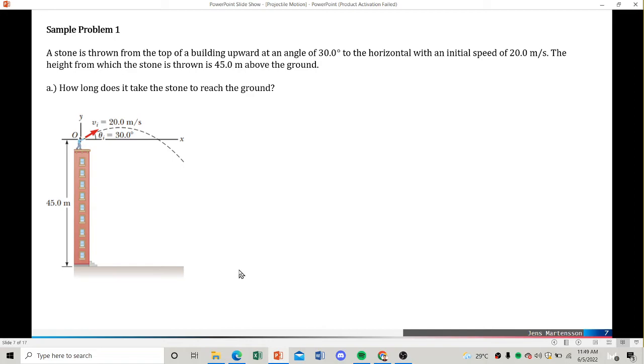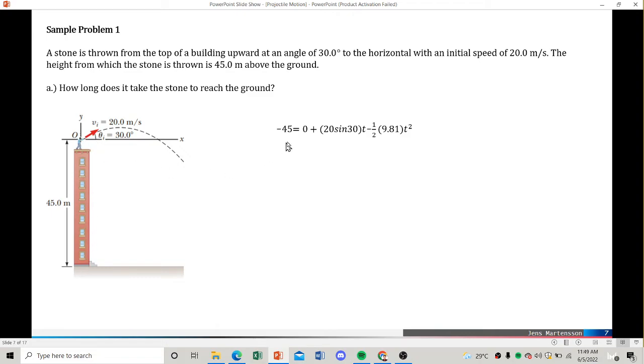Using our kinematic equations, we have y equals v_i t, in terms of the y direction, minus 1 half g t squared. Our final y here, since the coordinate system points at the top of the building, is negative 45 meters.